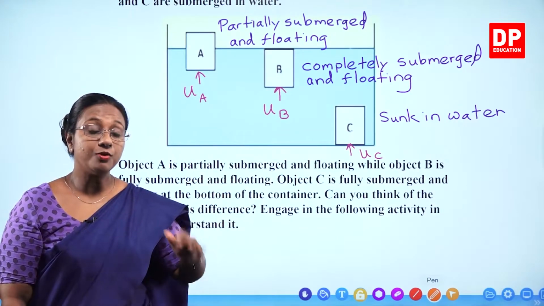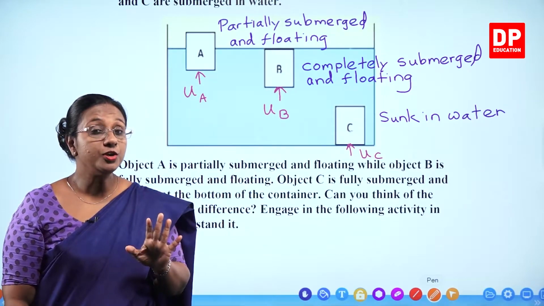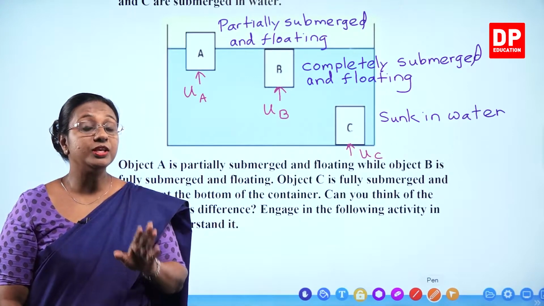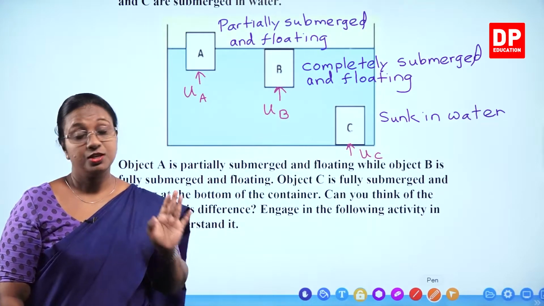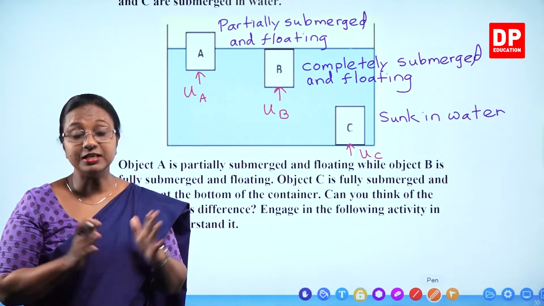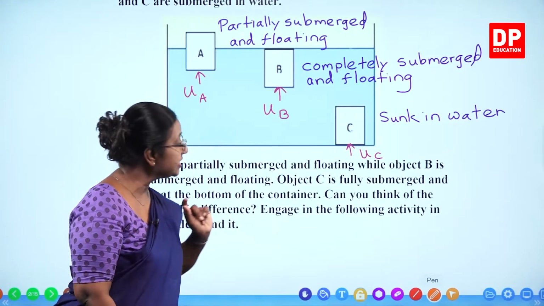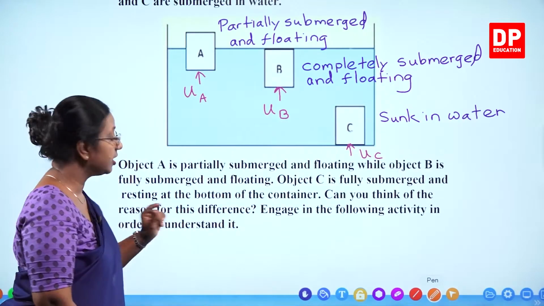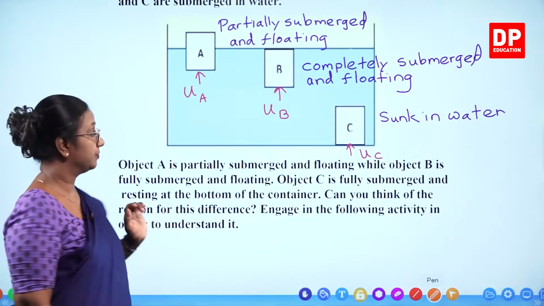Weight is acting downwards, upthrust is acting upwards. Already you all know upthrust is equal to the weight of the liquid or the fluid displaced. Those are the things you already know. Now we will establish a relationship between these components. So engage in the following activity in order to understand it. So then we will look at the activity now.